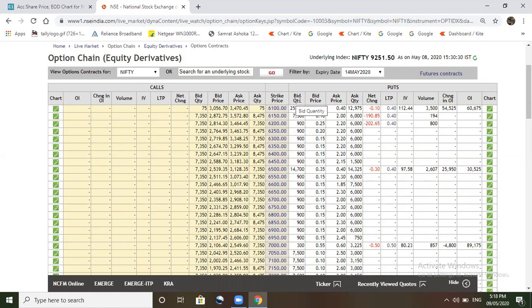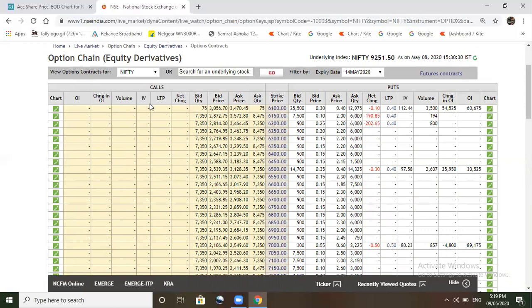Same way on the put side, you have different columns. For us, the most important columns will be three columns, because we are not studying volume and IV today, as these are different concepts that will take too much time. We will focus on OI, change in open interest, and strike price.